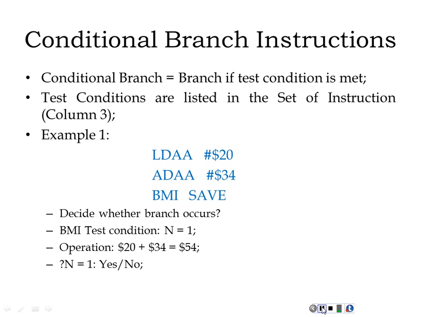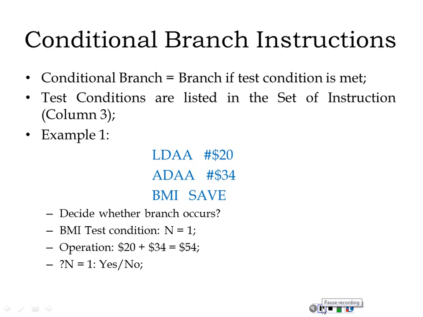Now we have to decide whether the branch will occur or not. As I said, these are conditional branches, okay? First of all, what is the condition? We have to look at the third column. If you have the set of instructions, please look at BMI just to make sure you find the test condition, which is n equals 1.